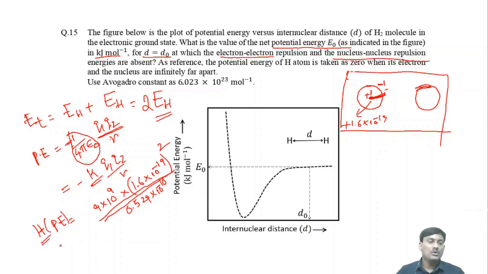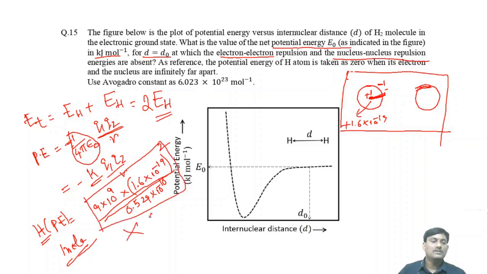Suppose you take 1 mole of hydrogen atoms, you have to multiply with 6.022 into 10 to the power of 23.